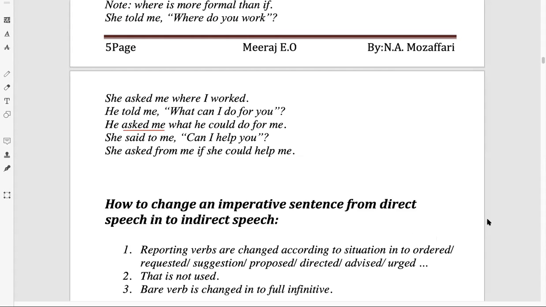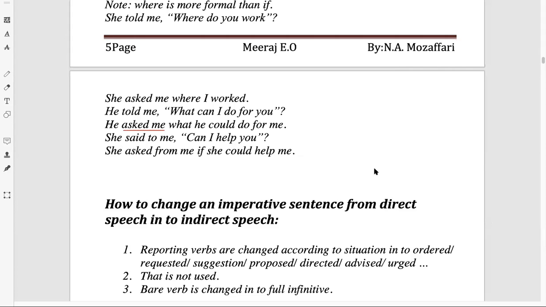So always when you use a modal auxiliary verb like can, could, may, might, shall, should, you use the first form of the verb after them. You can't use the second form. So he told me is wrong. He asked me what he could do for me.